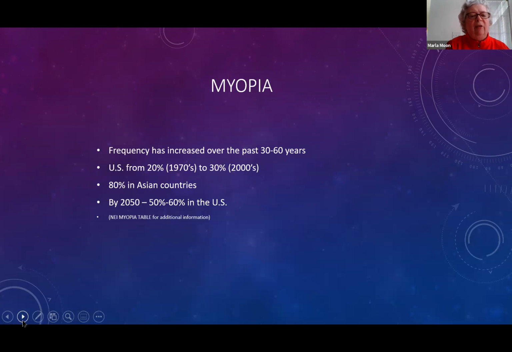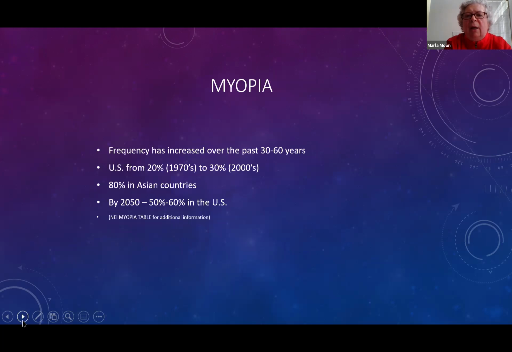The frequency really has been progressing over the last 30 to 60 years. Back in the 70s, and I was one of those, the rate of nearsightedness in the United States was about 20%. In the early 2000s, it went up to 30%. That's the United States, but in Asian populations, Korea, Taiwan, Japan, it's 80% of the population.